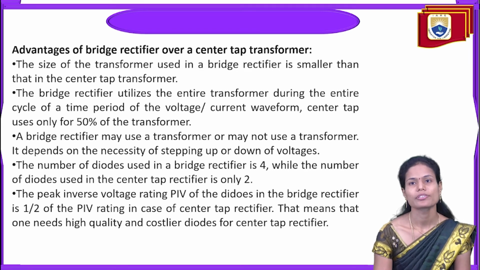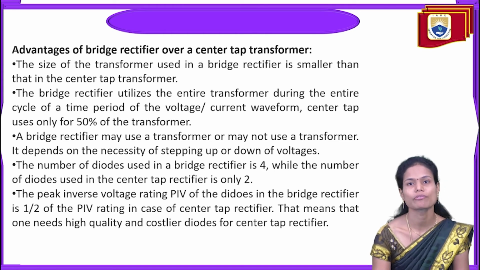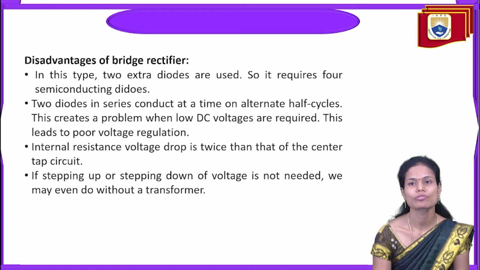Coming to the disadvantages of the bridge rectifier, these were the advantages of the bridge rectifier over the center tapped transformer. The disadvantages are: it requires two extra diodes, and two diodes in series are conducting in alternating half cycles.